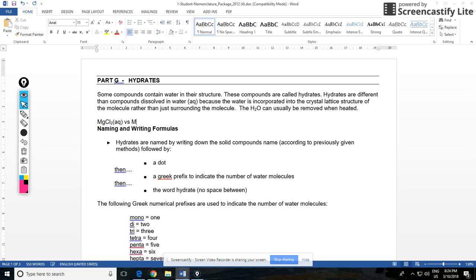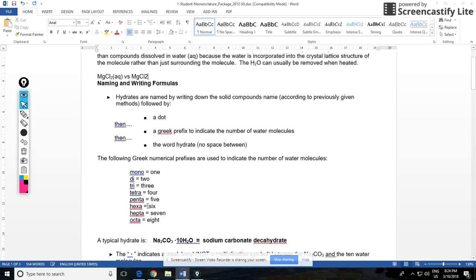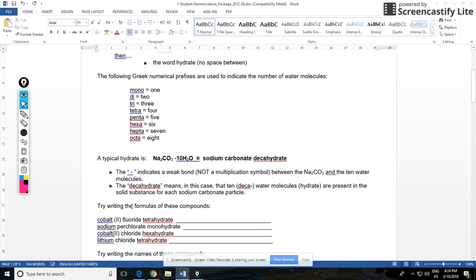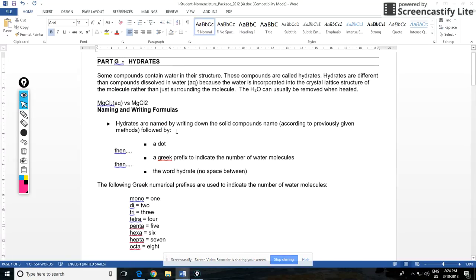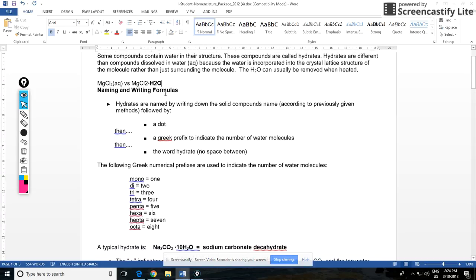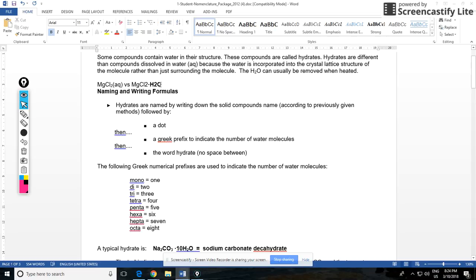But for a hydrate, you would usually see it written something like this. You'd have the regular ionic compound written out, and then afterwards you would have a dot. So it would be a dot, and following that dot would be the formula H2O, along with some big number in the front. So for example, 6.